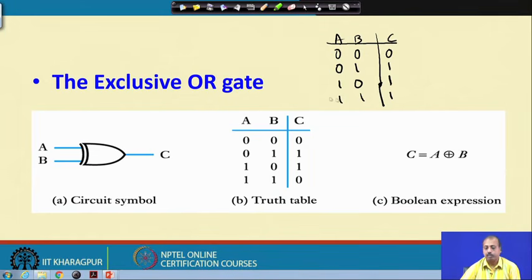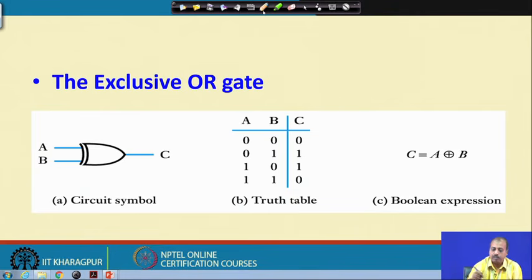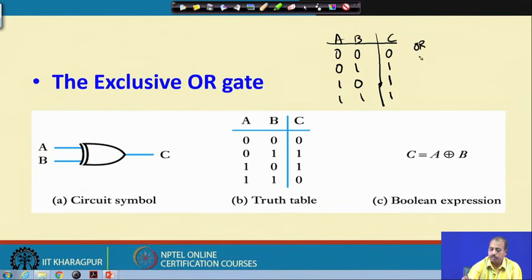If both the inputs are equal to 1, then the output will be equal to 0. As a result, this OR function is also sometimes called inclusive OR, just to separate it out from exclusive OR.